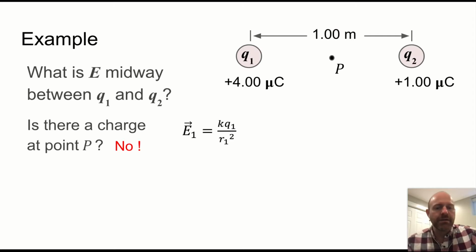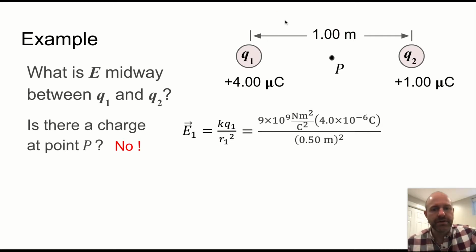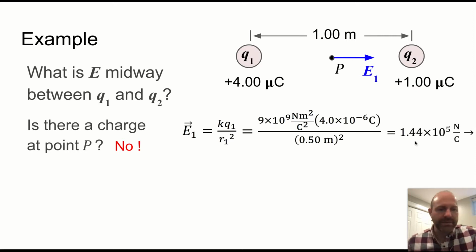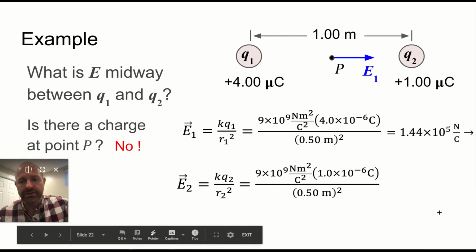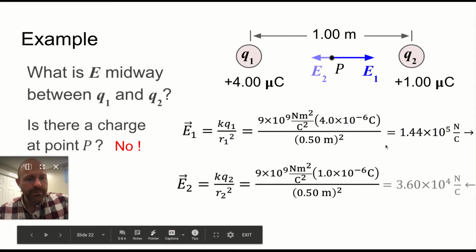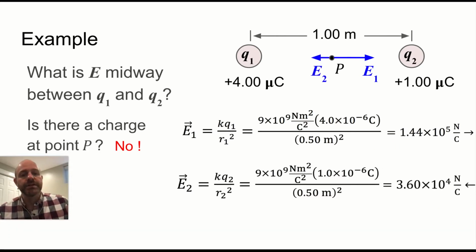We know, since these are point charges, we can find the electric field due to the first one, kQ1 over R1 squared. That's the distance to the center, a half a meter. And we get 1.44 times 10 to the fifth newtons per coulomb to the right. Right? If there were a positive charge there, it would feel pushed away from Q1. We can do the same thing for the electric field due to charge 2, and it has an electric field to the left.